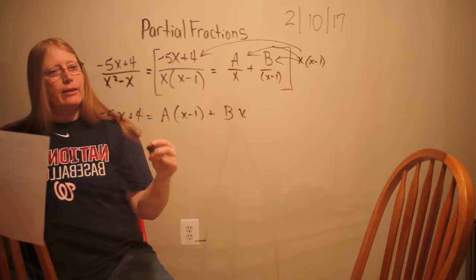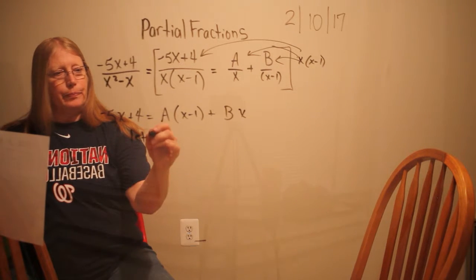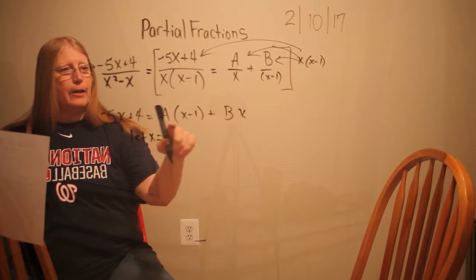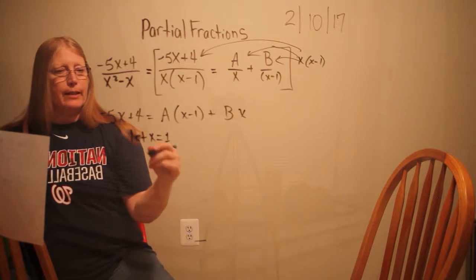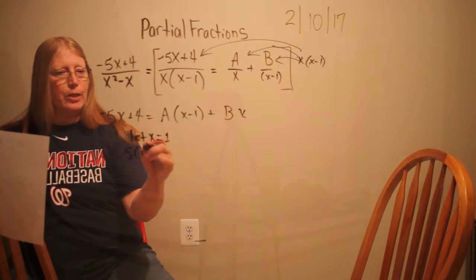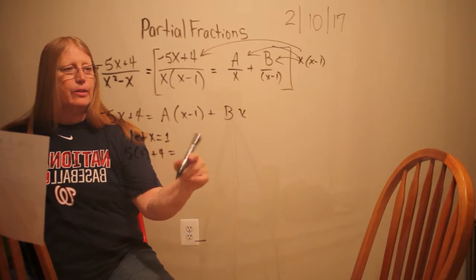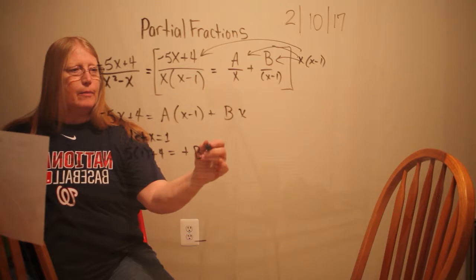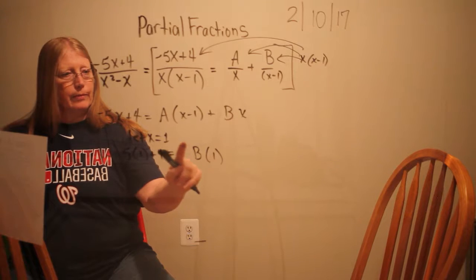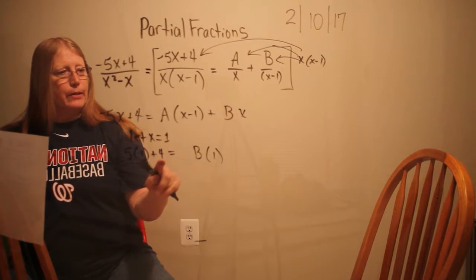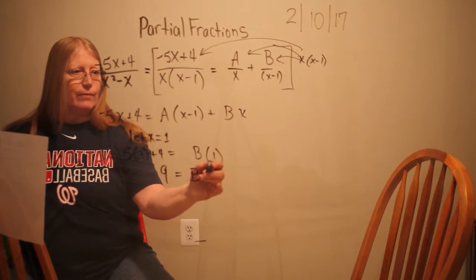All right, so now I would like to play the let x equal game. Let x equal, I scan my problem here and I see, well, if I let x equal 1, that will simplify some things. So I'm going to get 5 times 1 plus 4 equals A times 0, so this term is gone, plus B times 1. 5 plus 4 is 9, and I got it wrong.